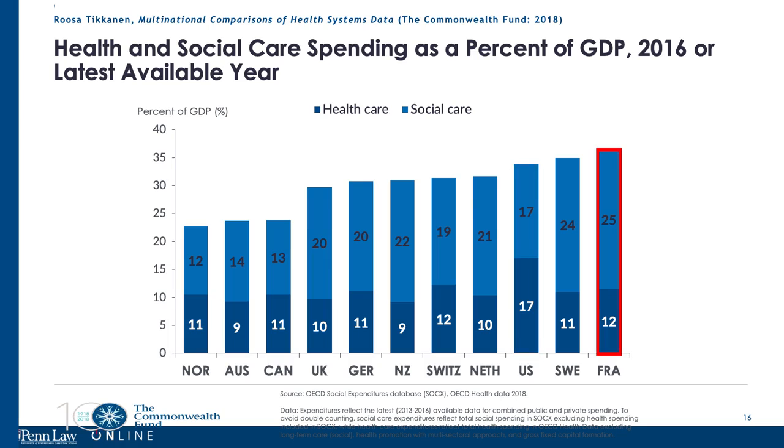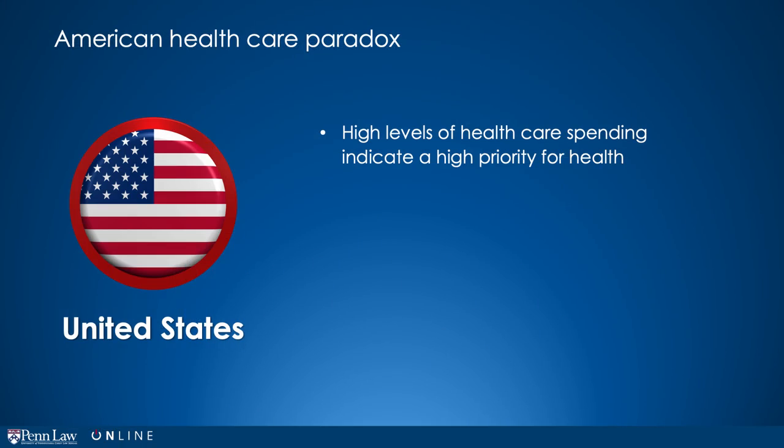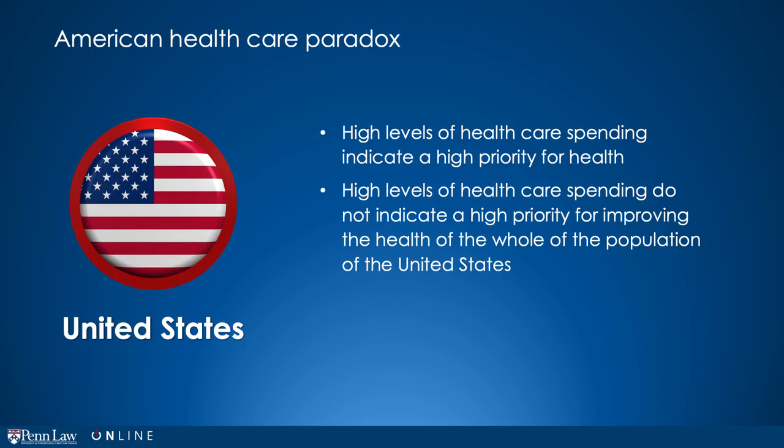For example, in France, healthcare spending is approximately 12% of GDP. Other forms of social spending make up 25% of GDP. So what we can say is that there are very high levels of healthcare spending in the United States, and that healthcare spending forms a larger proportion of total social spending.